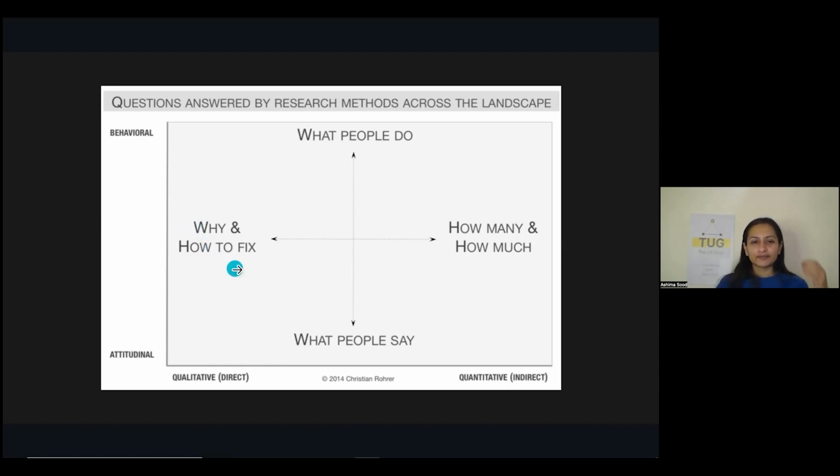So are you trying to figure out how or why to fix it? Or are you trying to figure out what people say about it to each other? Are they giving recommendations about your application? It may not even be about your app itself. It may just be, what do people think about using, like I said, with the enterprise applications, people are generally more tuned into, oh, it's a work thing.